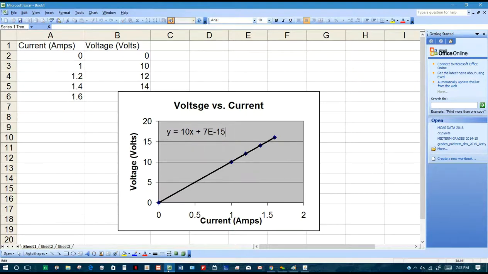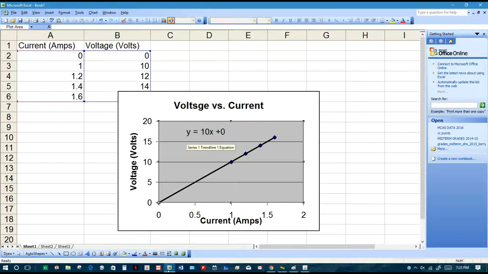This last piece, E, means 10 to some power. It's saying E minus 15, that's 10 to the minus 15. Is that a number very close to 0? Technically that should have been the number 0, because we already knew the y-intercept was 0.